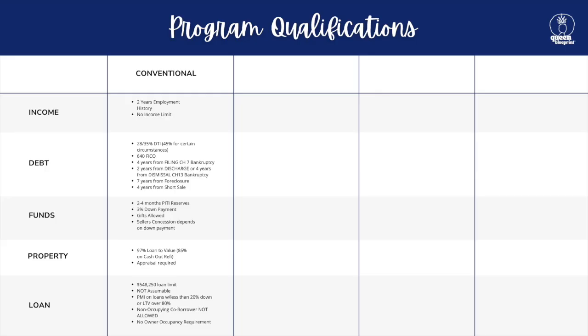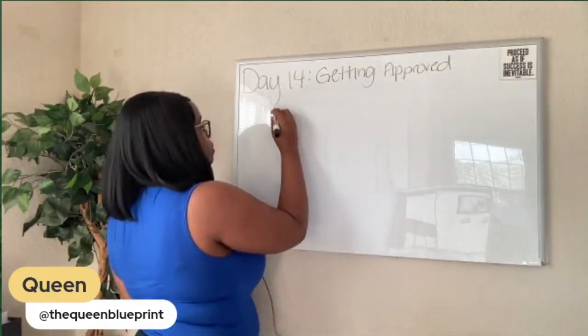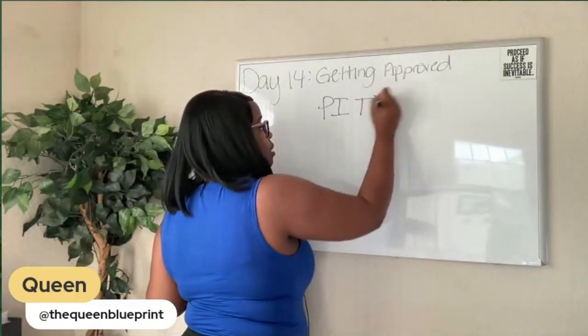Okay. For the funds, you need 2 to 4 months of what is called a PITI reserve. PITI reserve. Okay. Which stands for principal, interest, taxes, insurance. And I am actually going to put that on the board. PITI, okay?